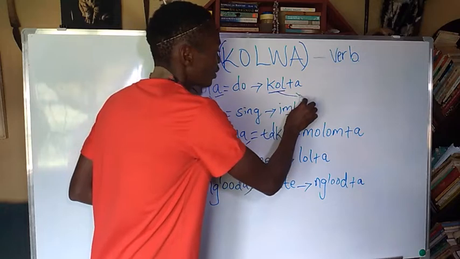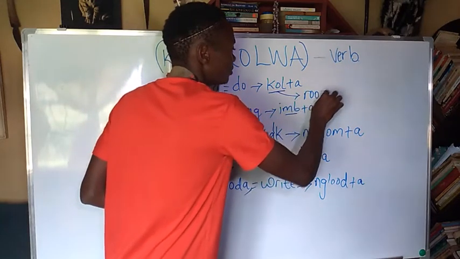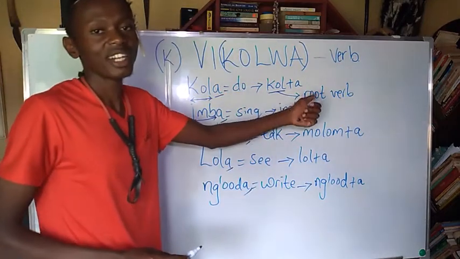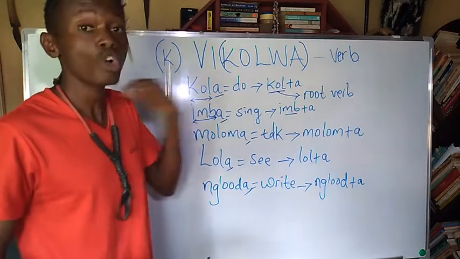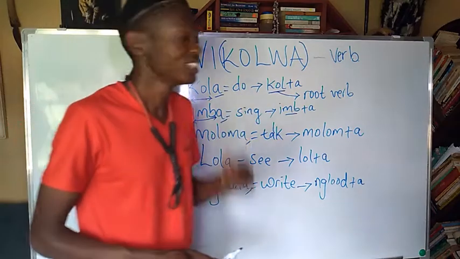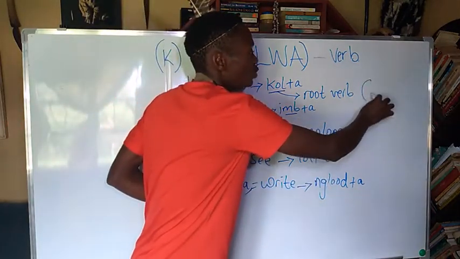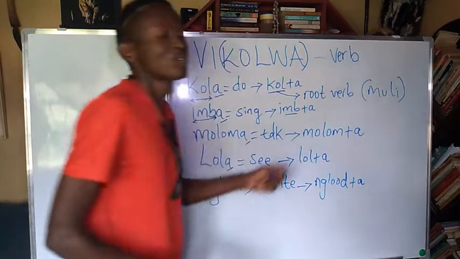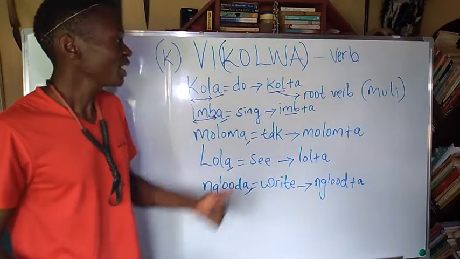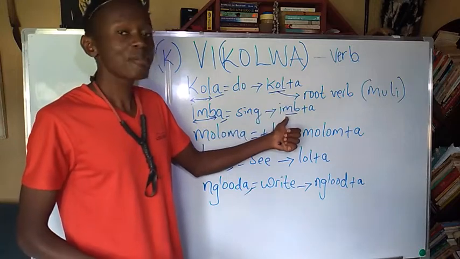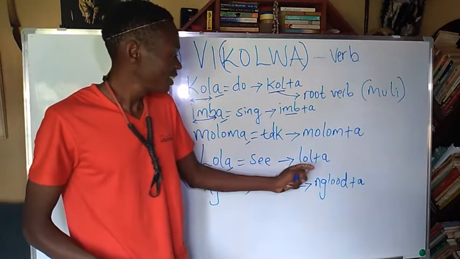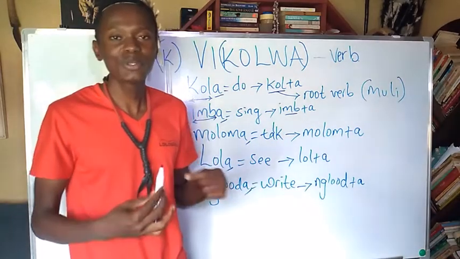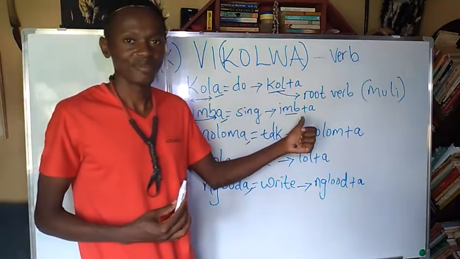In Lulogooli, a root verb is muri, umuri, from the word root. So we have kor, imb, morom, ror, ngod as the root part of the word.